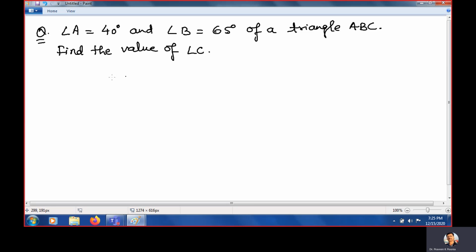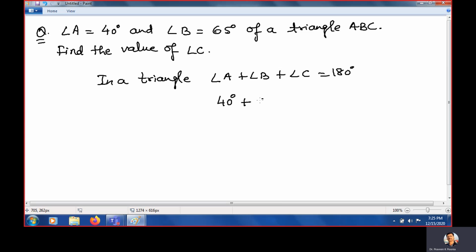Because it is a triangle, in a triangle angle A plus angle B plus angle C is equal to 180 degrees. The value of angle A is 40 degrees and angle B is 65 degrees.